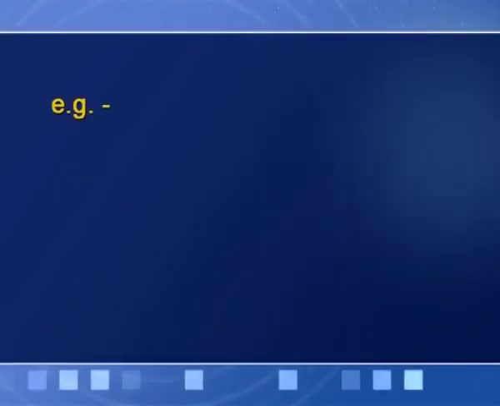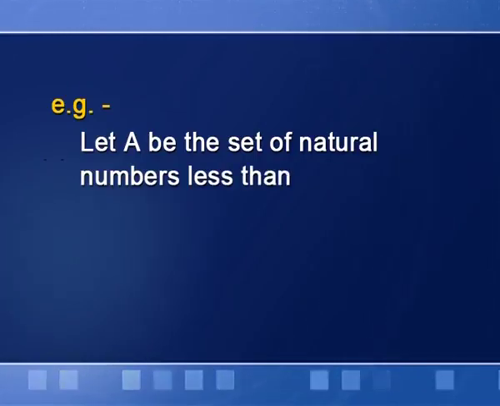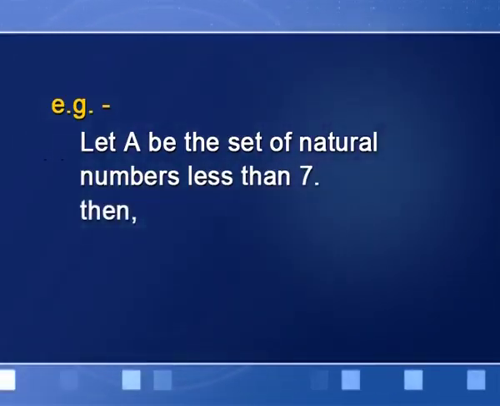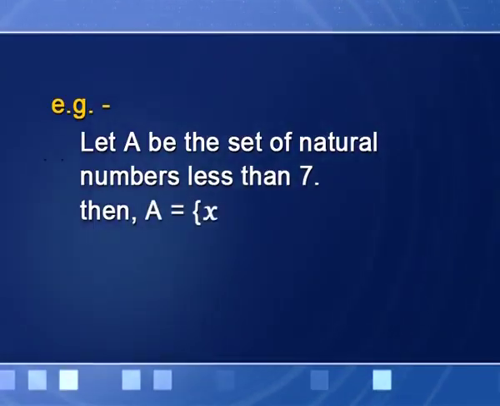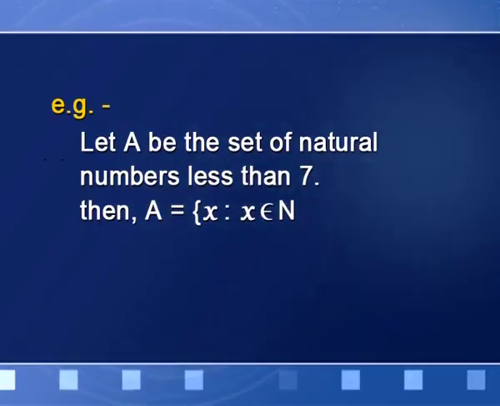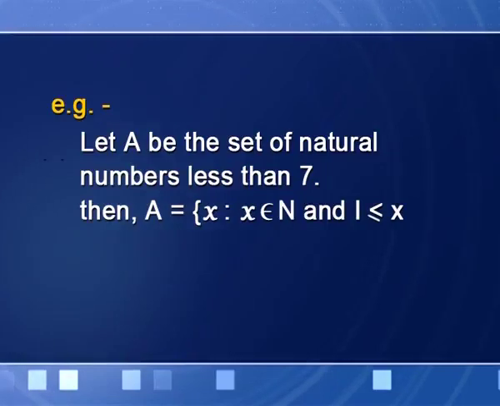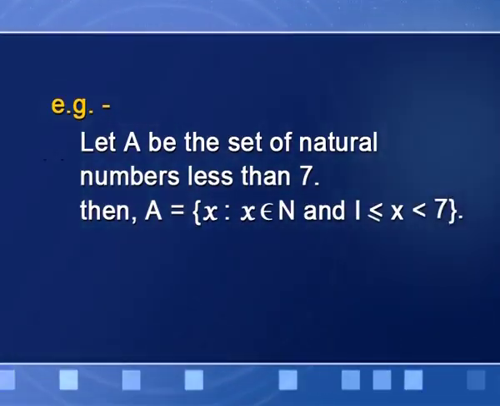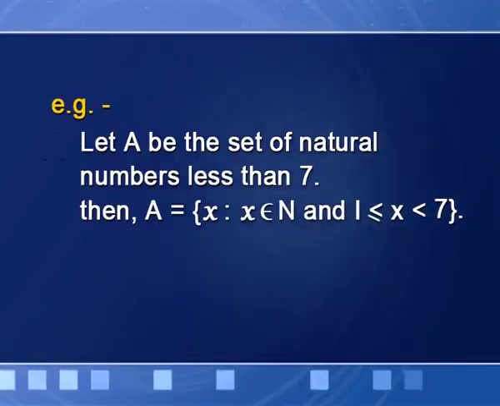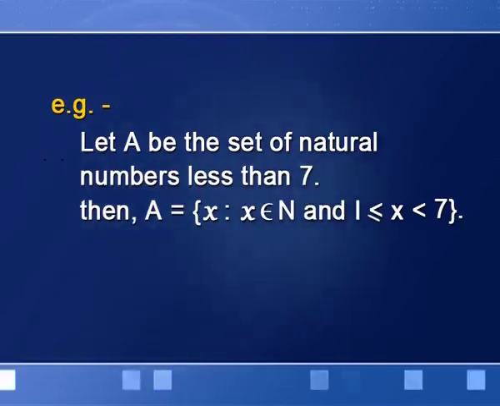For example, let A be the set of natural numbers less than 7. Then the set builder form of this set will be A equals x such that x belongs to natural numbers and x is greater than or equal to 1 and less than 7. What we are observing here is that all the elements of the set follow a common property.